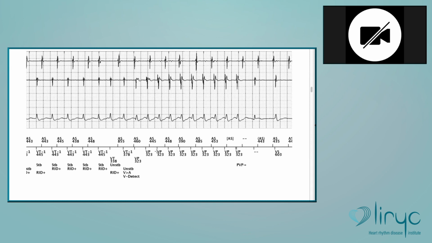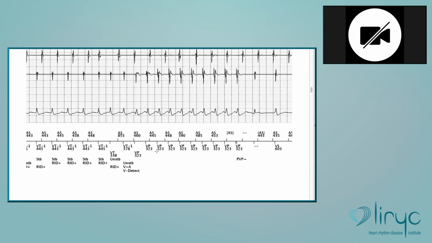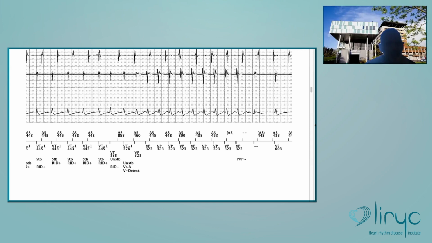Okay, and then the device sees more V's than A because there's, I think, a PAC that falls in the blanking PVAB. You see this premature atrial contraction just at the same time of the ventricle. Therefore, it's not seen.